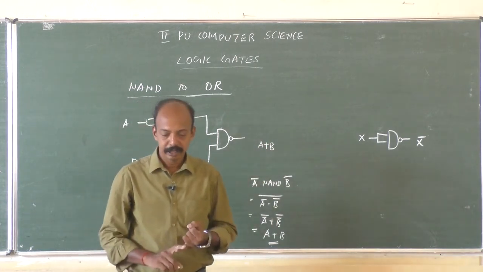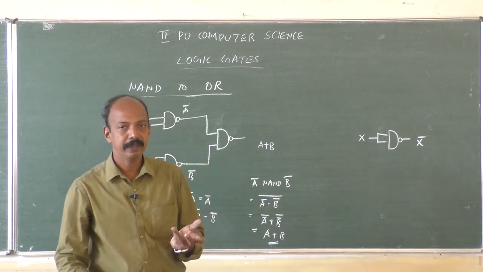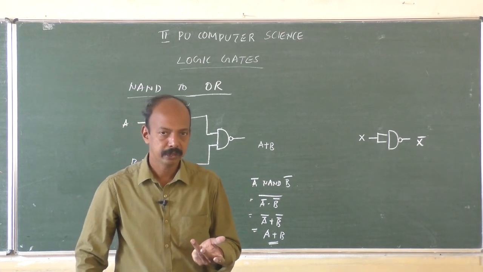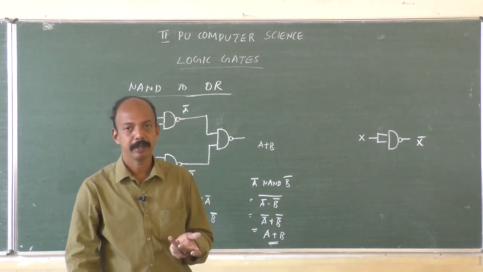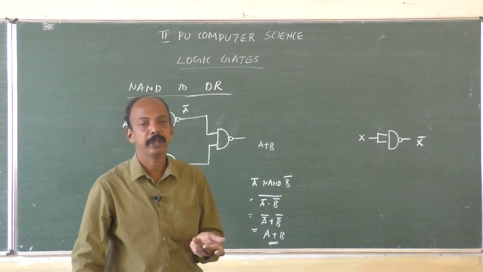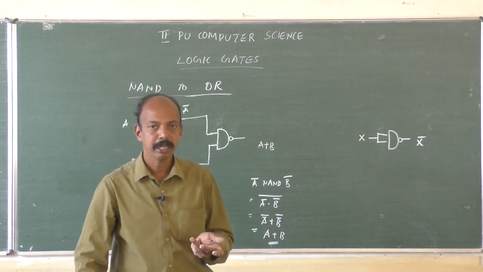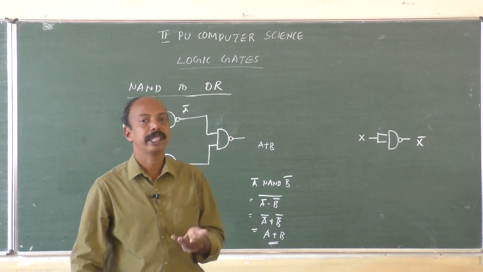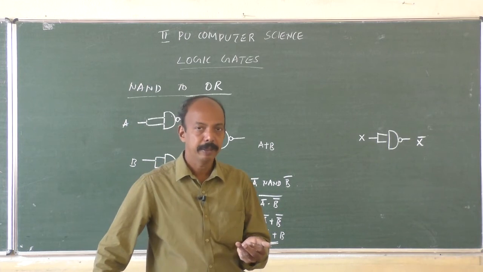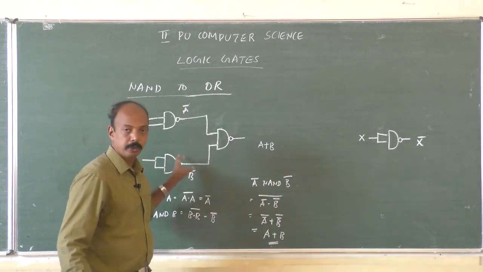Now we have seen, using the NAND gate, we have derived the complement. When we inputted the same input A to a NAND gate, we got A bar. Then when we inputted A and B to a NAND gate, we got (A dot B) whole bar, which is fed to one more NAND gate as the same input, and we got A dot B. In the third one, we took two NAND gates.